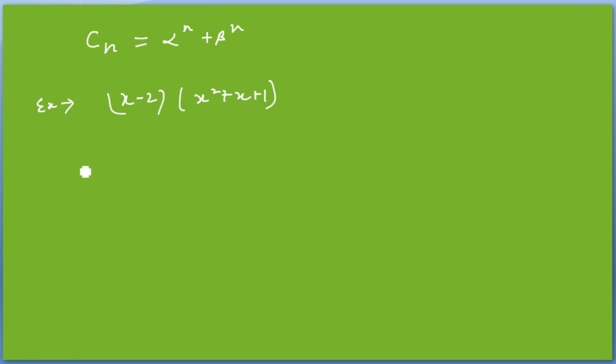So what we have to do is just multiply it. So we can write x³ plus x² plus x minus 2x² minus 2x minus 2, and this is equal to x³ minus x² minus x minus 2.